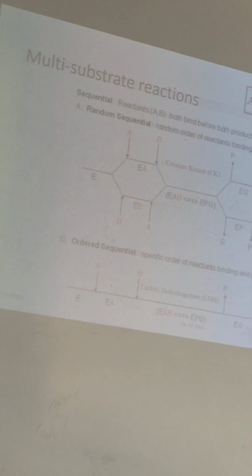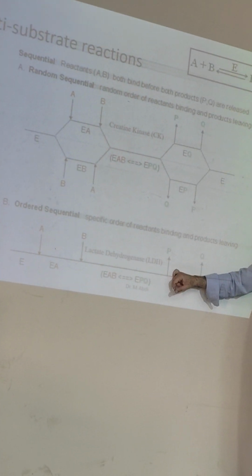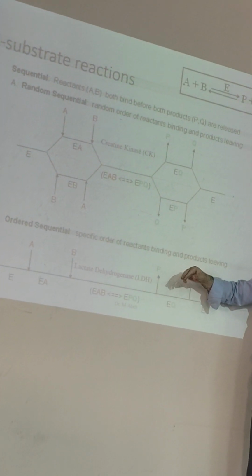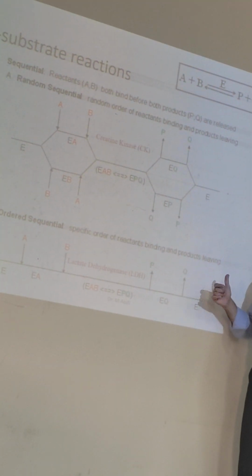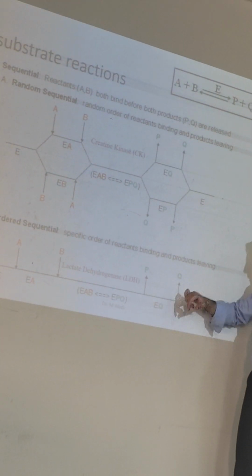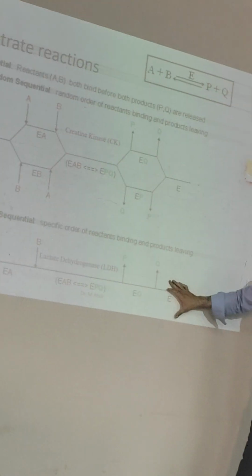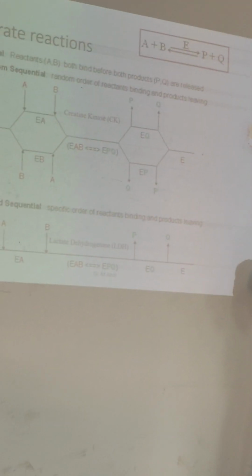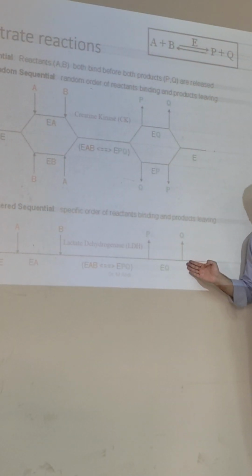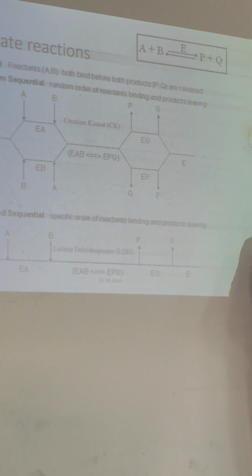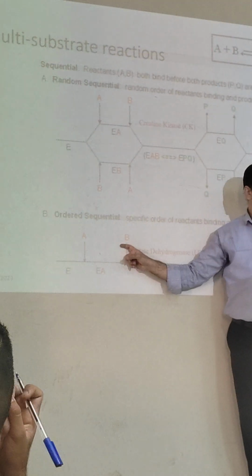Then it should be the situation that P exits the active site first, and then Q will be the next product that exits the active site. So in such a mechanism, entry and exit of the substrate and product will be in a very rigid arrangement, in an ordered step.